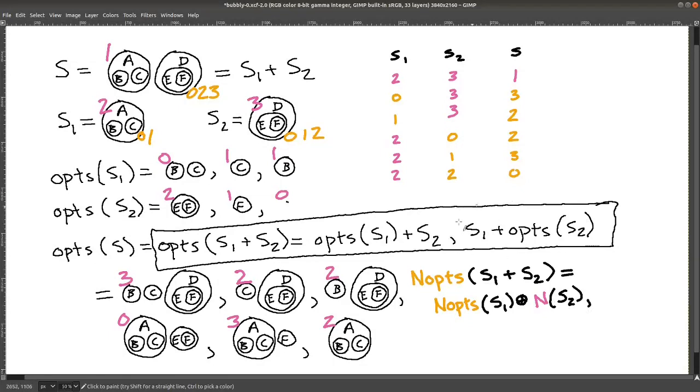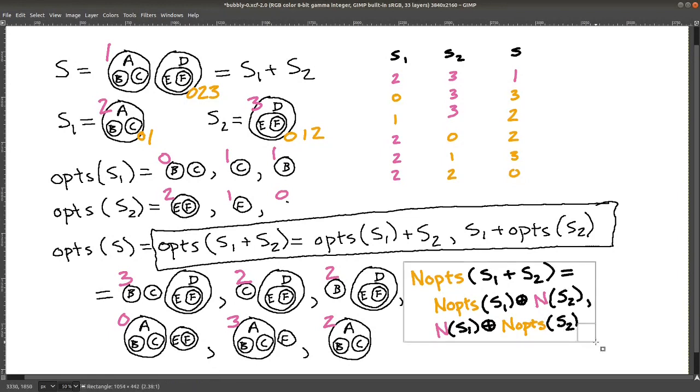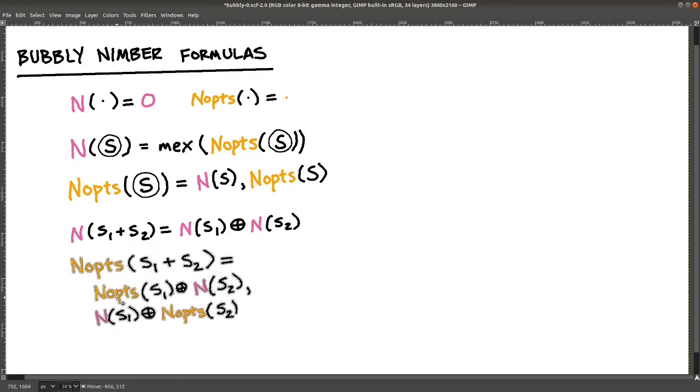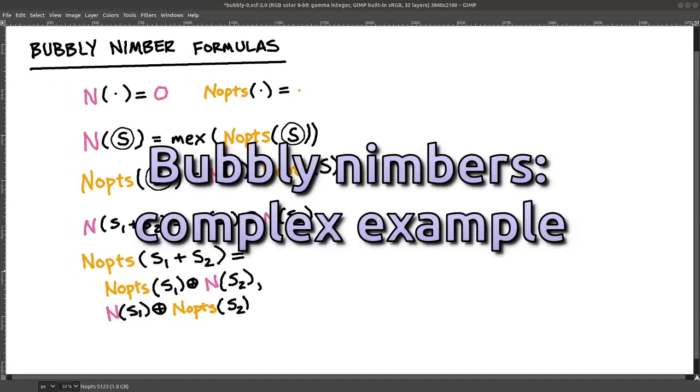And n of this value here is just n of S1 XOR n ops of S2. So this formula is just saying to get the orange numbers of the combined state, we take the orange numbers of state 1 with the pink numbers of state 2 and combine them with the pink numbers of state 1 with the orange numbers of state 2. So we can add this to our list of formulas here. Now this list of formulas is complete. Okay, so this is everything we need to solve the puzzles.